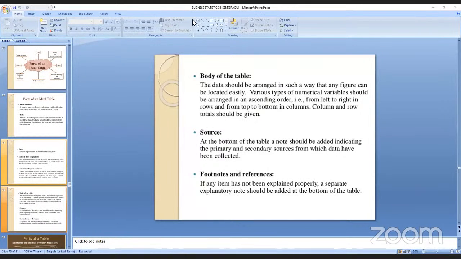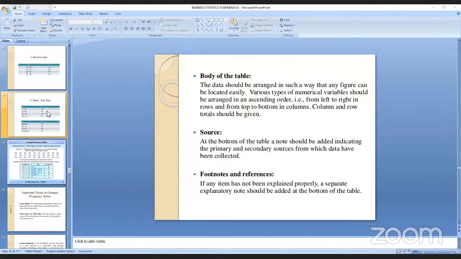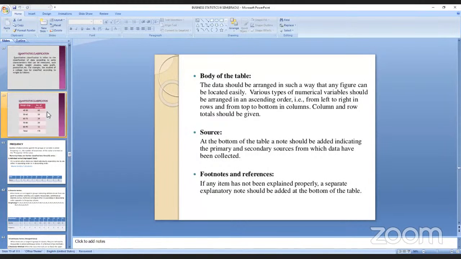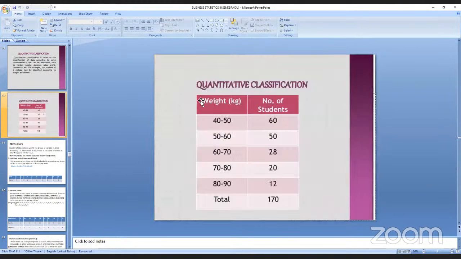I'll show you, from the previous class. Here you are finding, all these are columns. This one is a row.